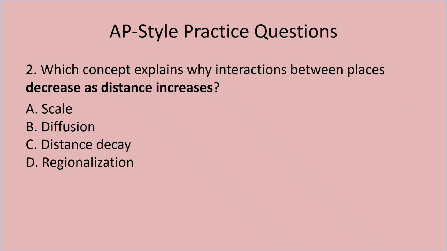Once again, I'll give you a few seconds to look at this. If you answered C, distance decay, as you move away from someone or someplace, you interact less, you are correct.